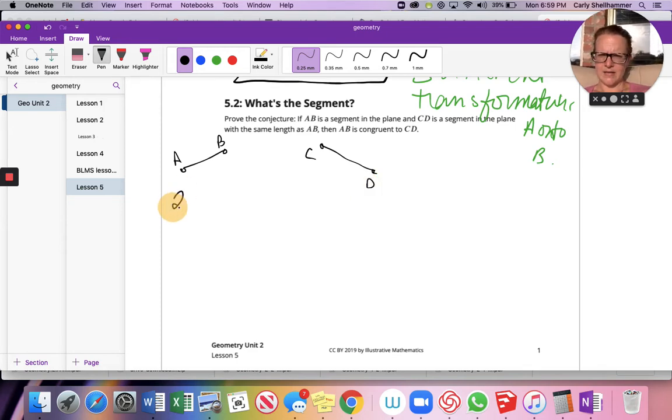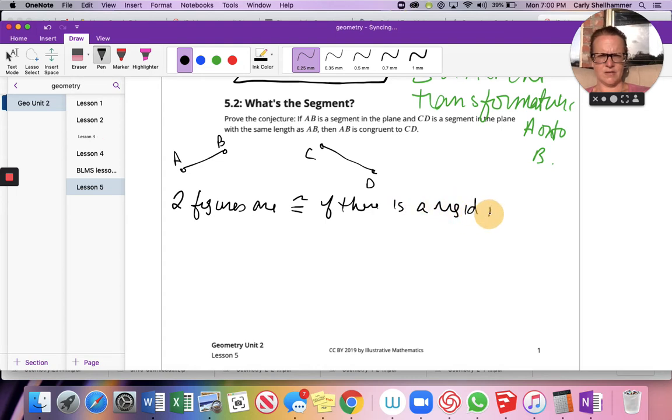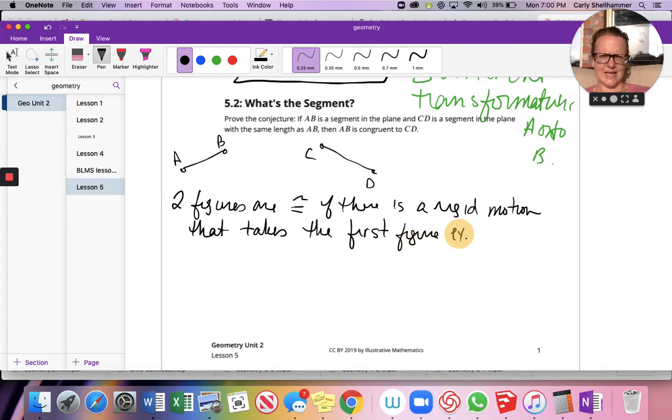So we know that two figures are congruent if there is a rigid motion that takes the first figure exactly to the second. Okay, so that's what we know.